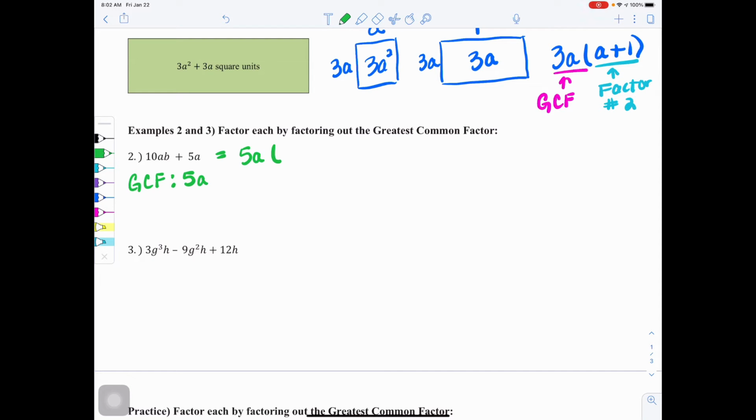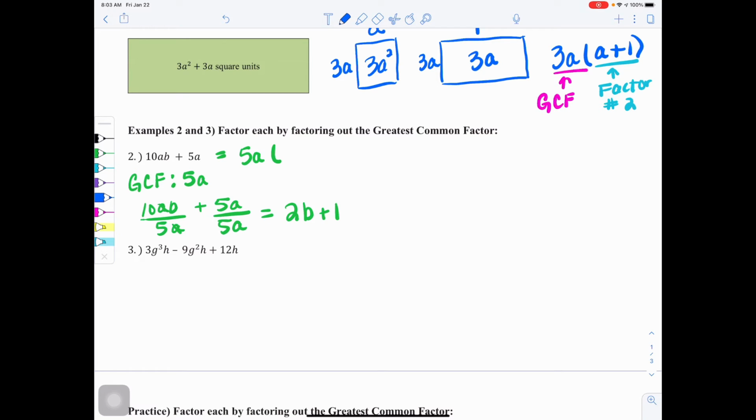Now, to find out what goes inside the parentheses, we're going to take each term of our binomial, 10ab plus 5a, and divide it by the greatest common factor. 10ab divided by 5a. Well, 10 divided by 5 is 2. The a's will cancel and we'll have b. And then 5a divided by 5a would be 1, so positive 1.